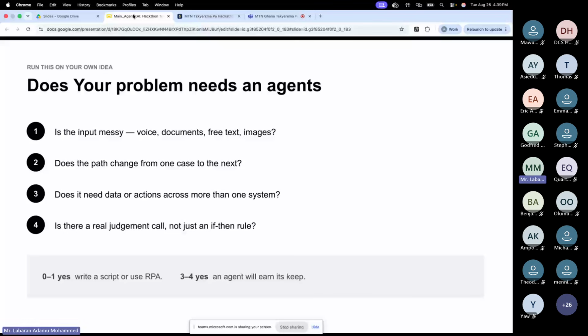And you could also be looking at a video feed, or always taking a picture or video feed, whereby you'll be looking out for some hand gestures too, right? Yeah. Okay, that's good. So you've ticked the first one. Another one too: does the path change from one case to another?